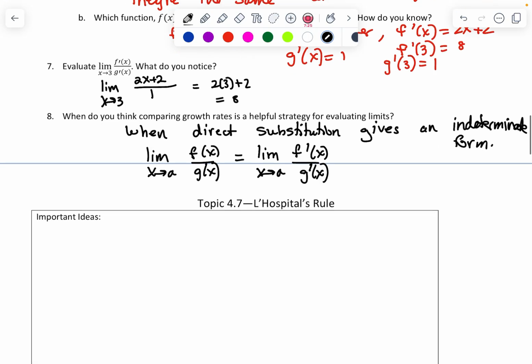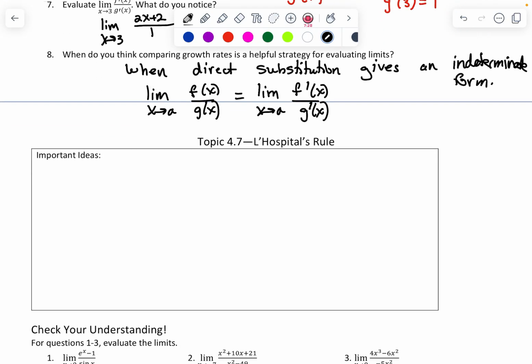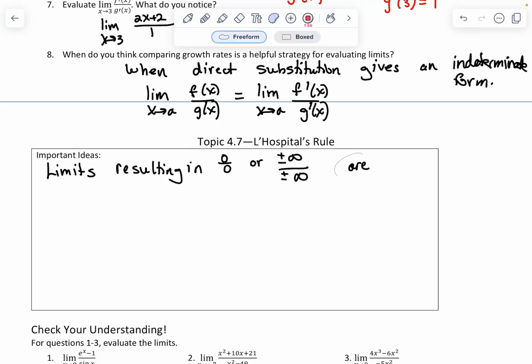All right, so what is all of this? Okay, so I kind of went around to develop something, and it's called L'Hôpital's rule. I know it looks like L Hospital, but it's pronounced L'Hôpital's rule. So limits resulting in 0 over 0 or some combination of infinity over infinity are considered indeterminate.